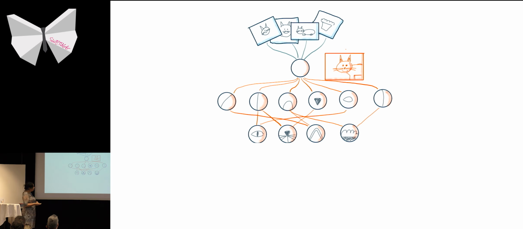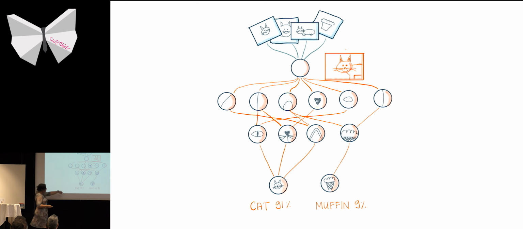And finally, if it contains an eye and a nose and an ear, a couple of things like that, it's probably a cat, but it could also, with some kind of percentage, be a muffin. So that is essentially how it works.